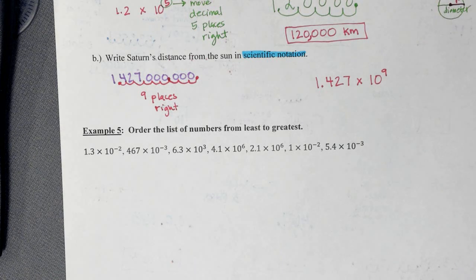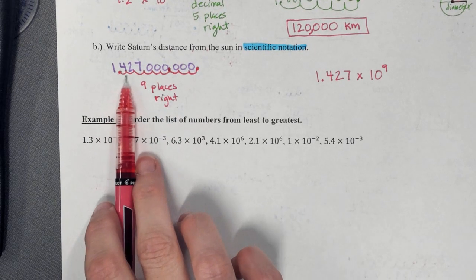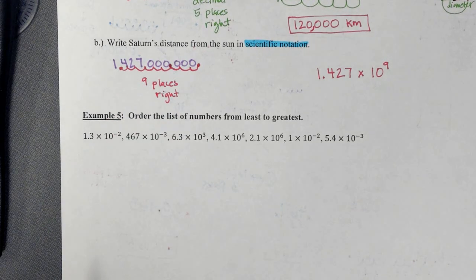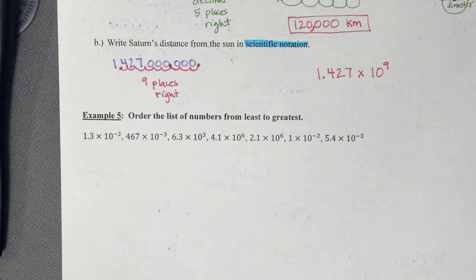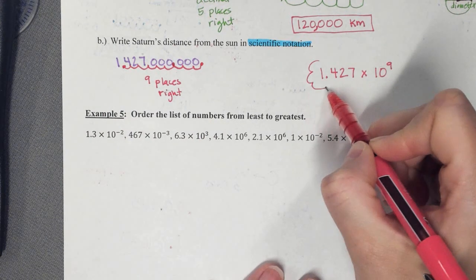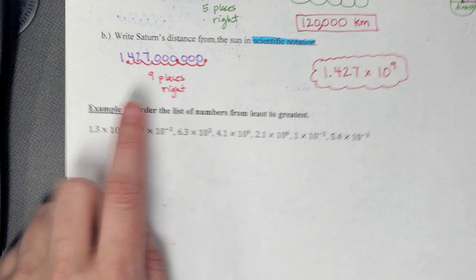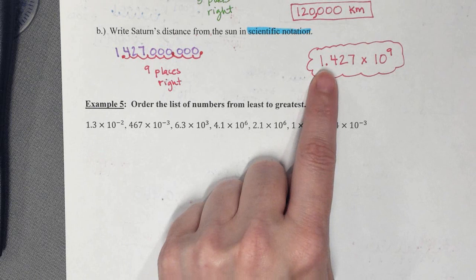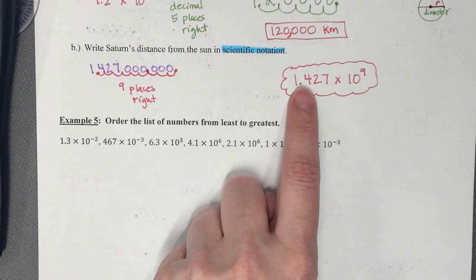Yeah, there were 6 zeros, so we have to add that on to this 1, 2, 3. So if you want to count the zeros, then you could add that on there. And again, we need to put the decimal there so that this number is not bigger than 10. Okay?